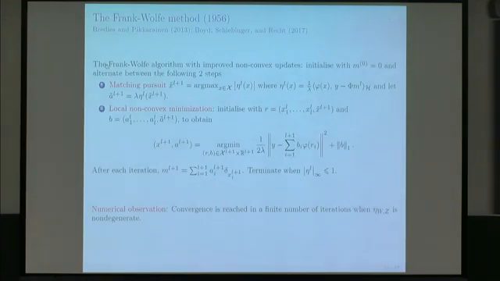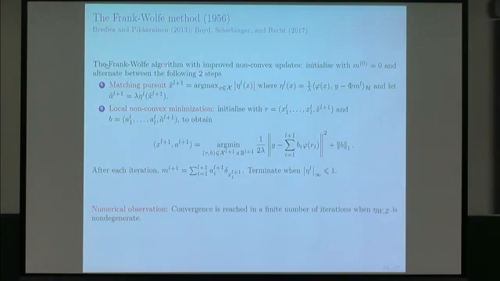So let me end with some numerical examples. To solve this BLASSO problem, there are many ways of doing it. There's the Lasserre hierarchy that Candès and Fernandez-Granda used in their paper, and the other approach is this Frank-Wolfe method with improved non-convex updates, which was proposed by Boyd, Schiebinger and Recht, and also recently in this paper by Recht.